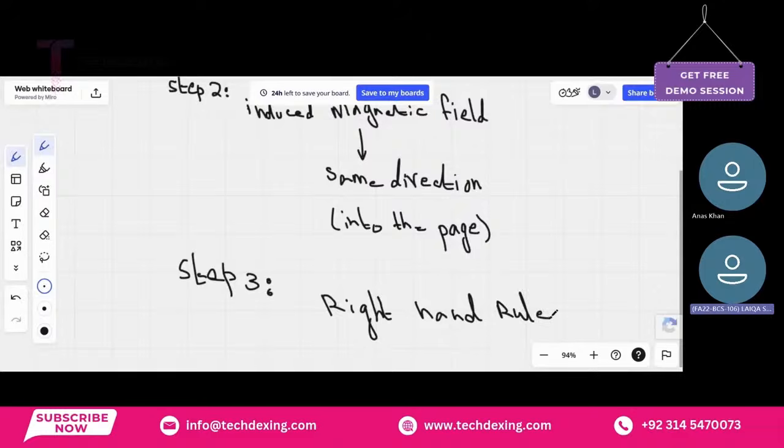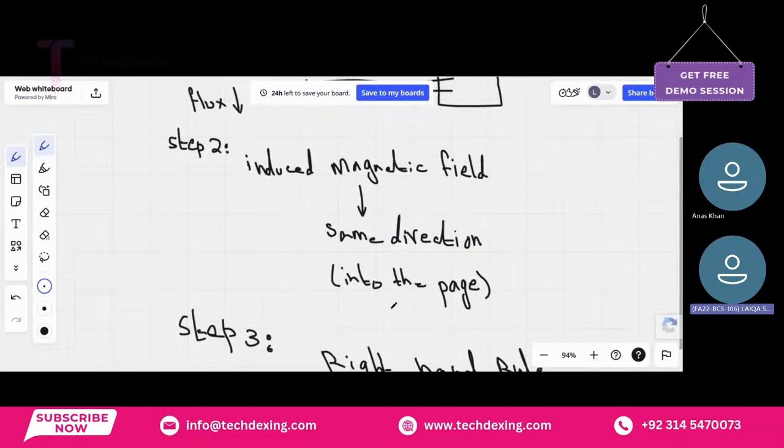So if your induced magnetic field is into the page, you point your thumb towards the screen, away from us. And if it is out of the page, then you point your thumb towards yourself. In this case, it is into the page, so we will point our thumb towards the screen.